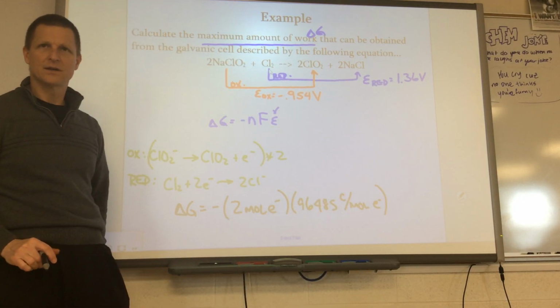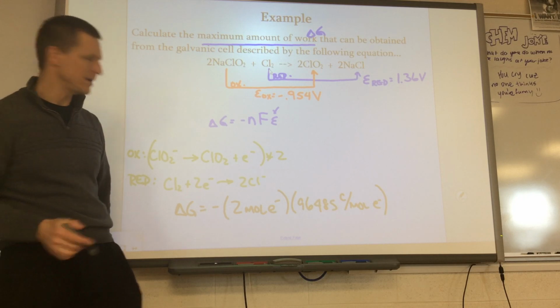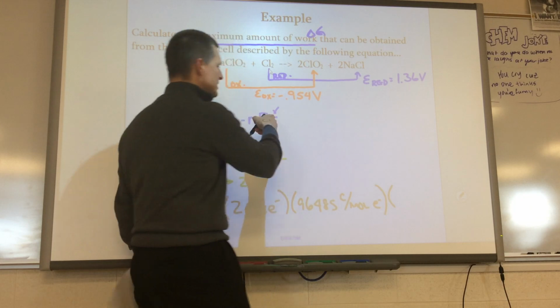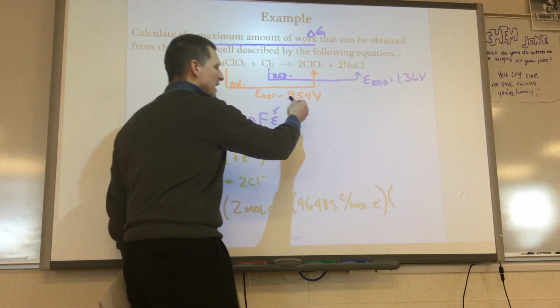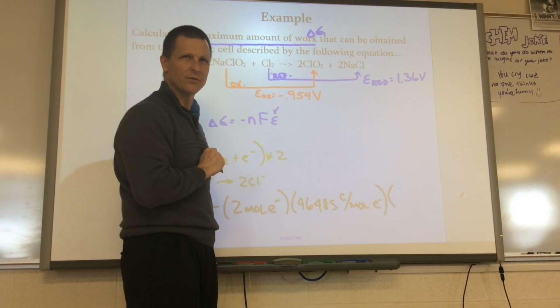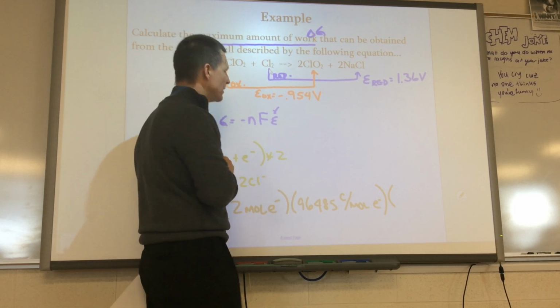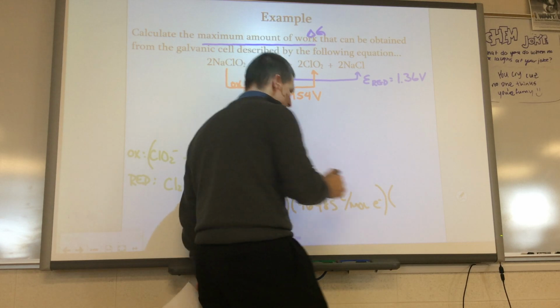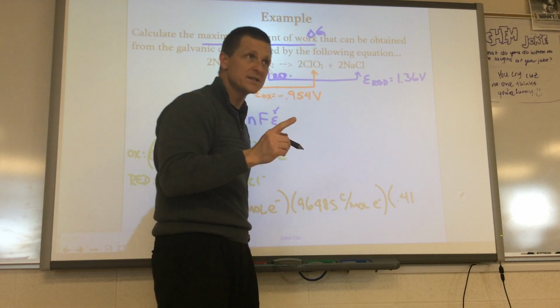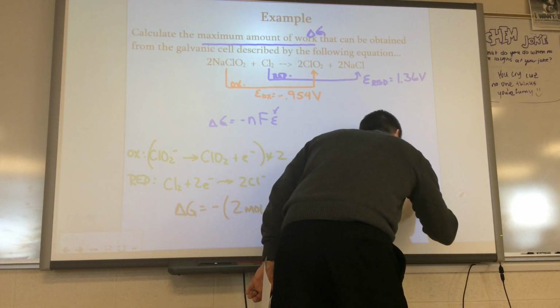See how the moles of electrons cancel out? Yeah, they should. And then finally we have our epsilon, which is the cell potential. That plus that is going to give us 0.41. You see the 0.41? I'm just going to stop at the 1. Now remember, that's volts, and the volts is joules per coulomb.